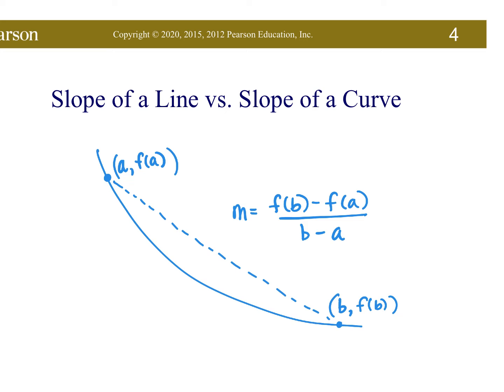Okay, so now we pick any point between those 2 on the curve. It doesn't matter what end it is, any point you want. You can pick it right in the middle, if you just like the symmetry of it. It does not matter.